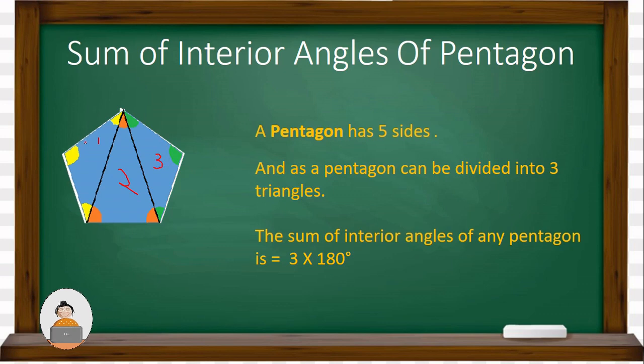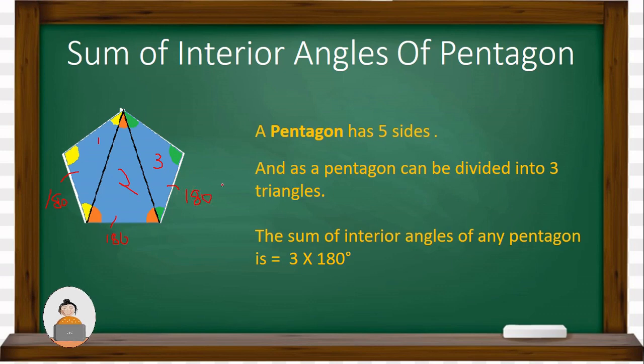According to the angle sum property, the sum of this triangle will be 180 degree. The total sum of the angles of this second will also be 180 degree. And the sum of the angles for this third triangle will also be 180 degree.